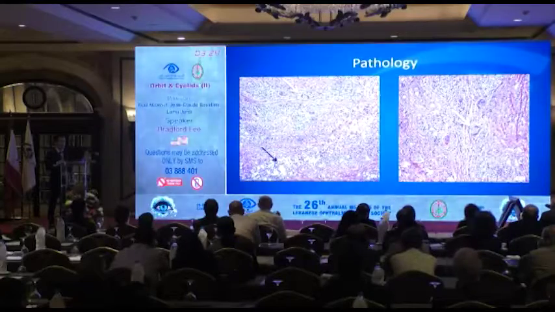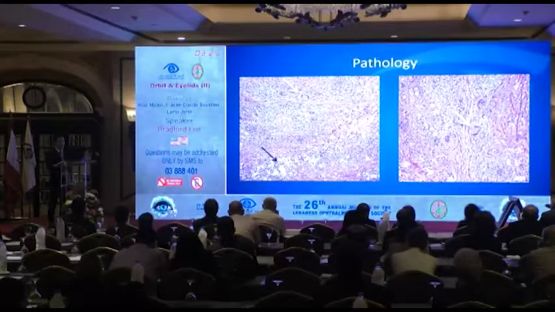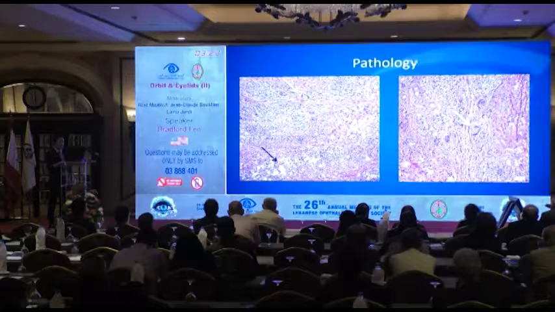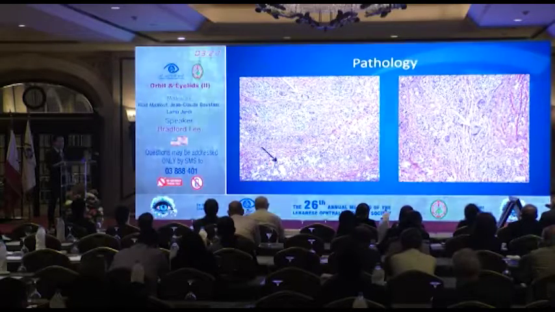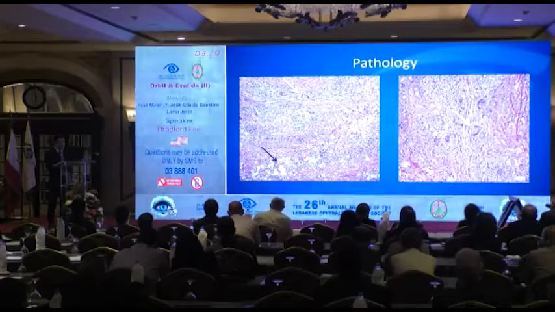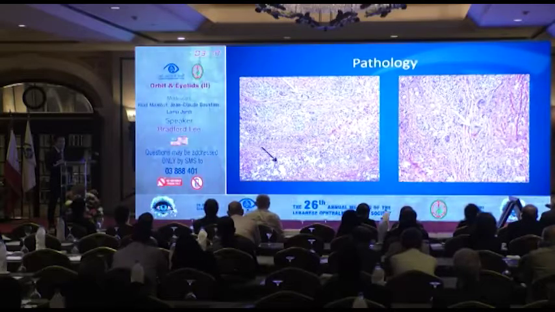And on pathology, we saw these foreign body giant cells. We saw clear dropout areas suggestive of filler, some fibrosis, and clearly she had filler. And I questioned her later, and I said, I thought you told me you had no filler. And she said, oh, I had filler in the cheeks, but not in the tear troughs.